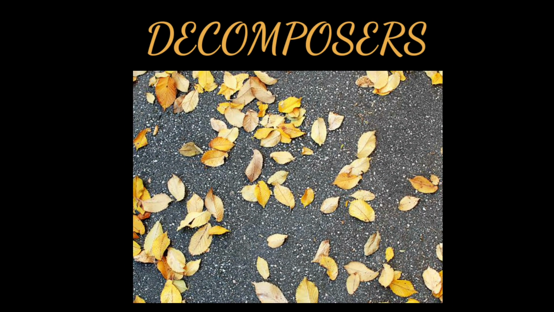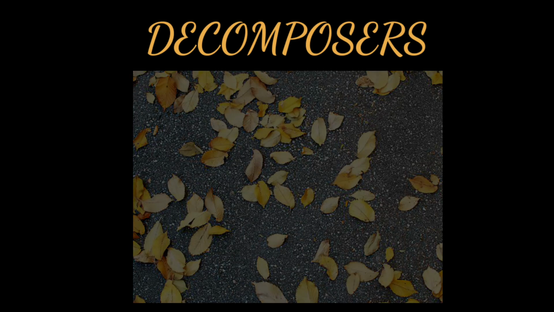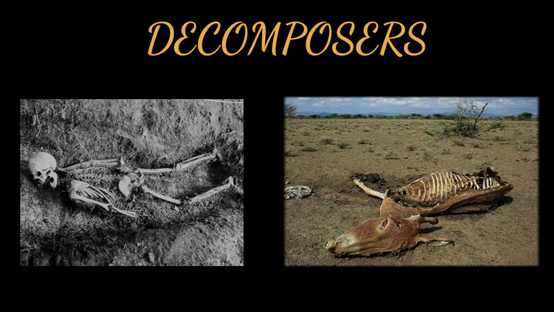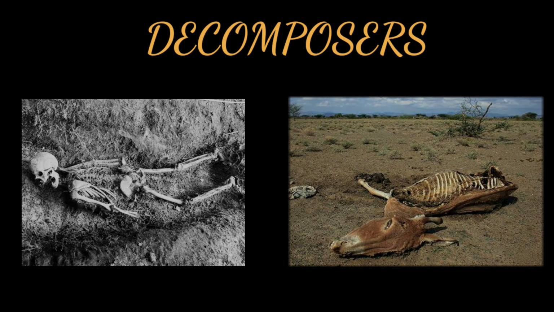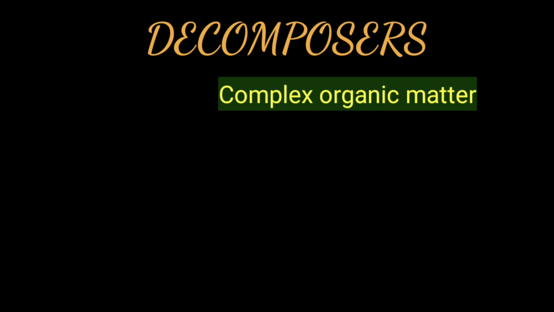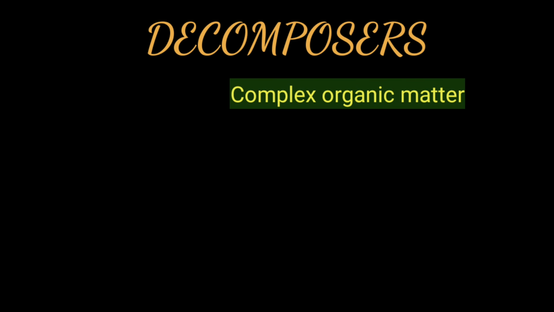You must have seen that the dead leaves fall apart from the trees. In the images here, you are able to see the dead body of animals and human. These are partially decomposed because of the action of decomposers. Now, what do decomposers do? They convert the organic matter, the complex organic matter, into the simpler ones.